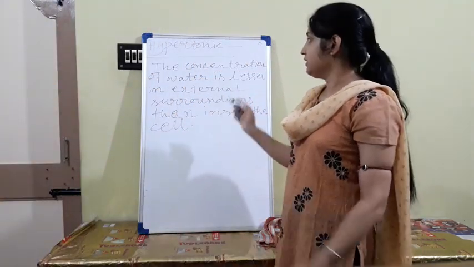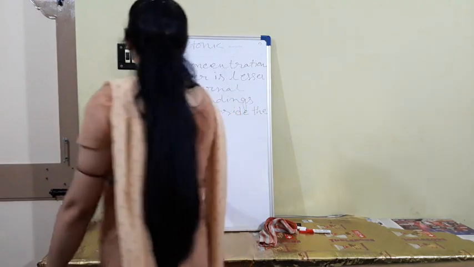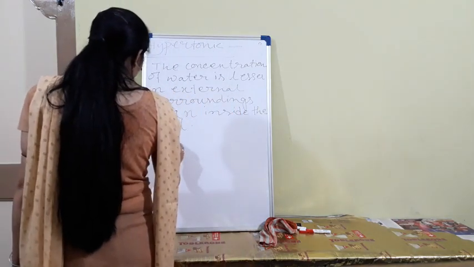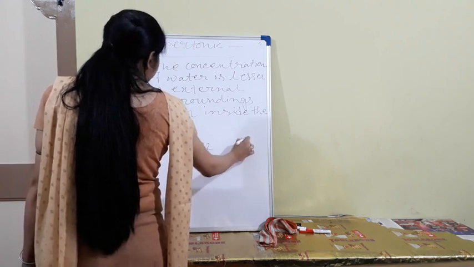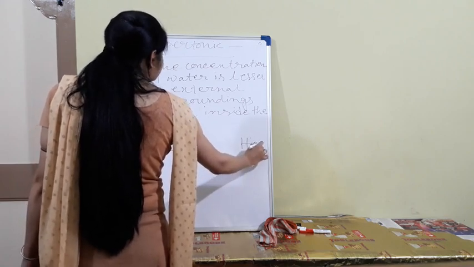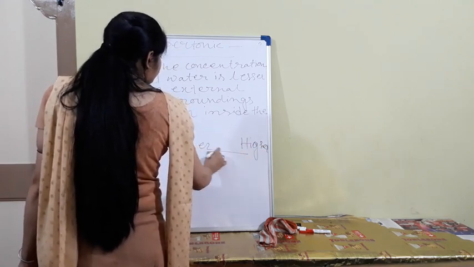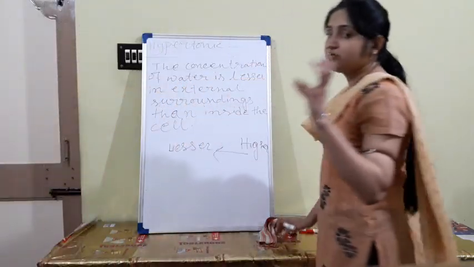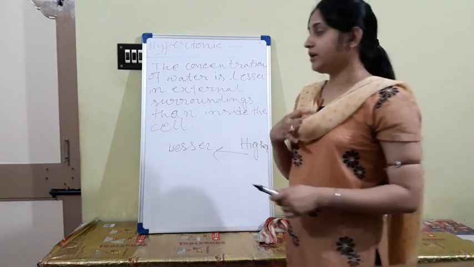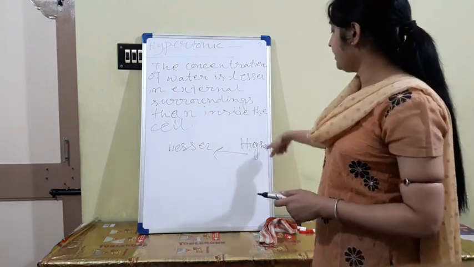So hypertonic is just opposite to the other case. Here the external environment is lesser and inside the cell is higher. So the water will come out from the cell, and the cell will shrink.